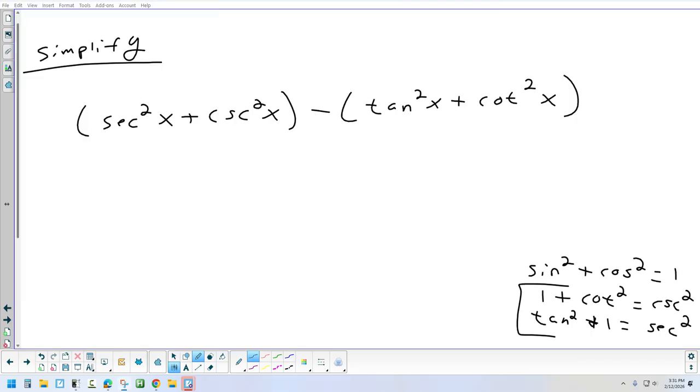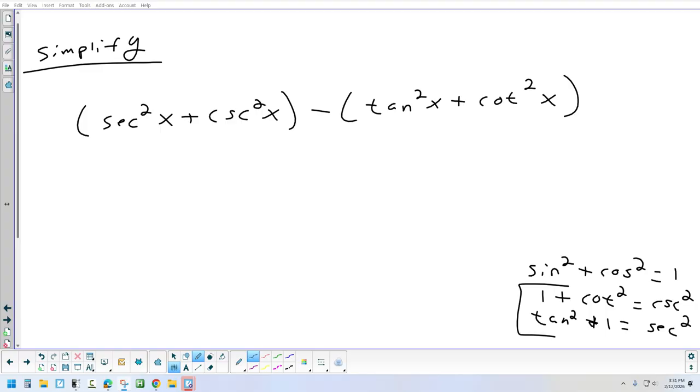All right. So to simplify this one, if you start changing to sines and cosines, that would not be a fun process. There's a lot of things that are squared there. When I see things that are squared, I'm going to try Pythagorean identities right away. Okay. What do we have to do with that minus that's in front of that other set of parentheses?